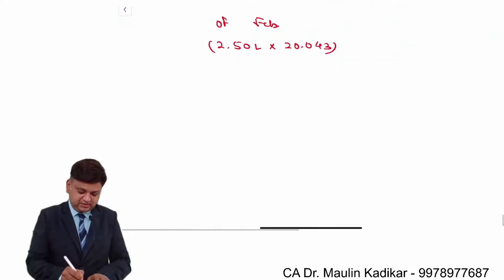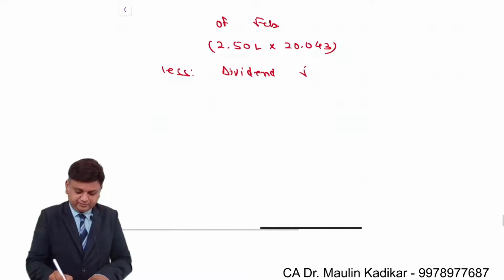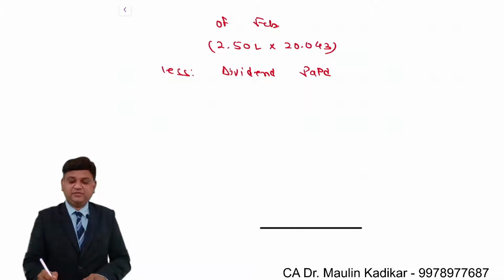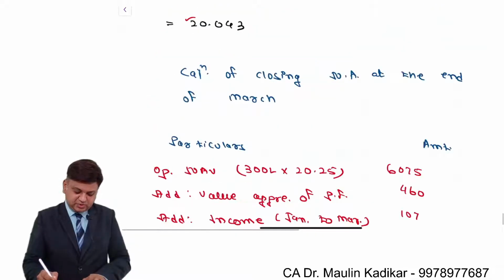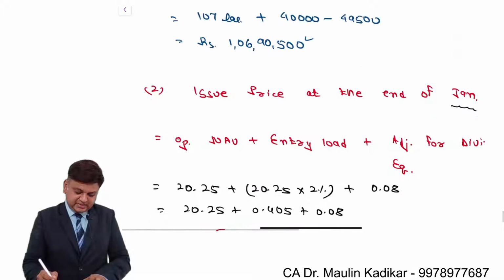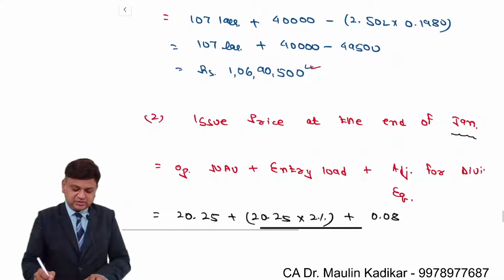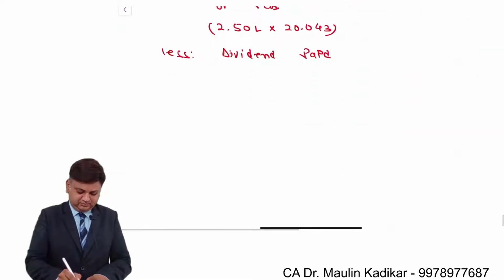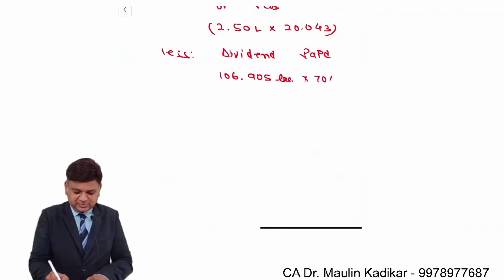Again less dividend paid. It has been given that the 70% of the income available is distributed. So we understand that it is 106.905 lakhs into 70%.